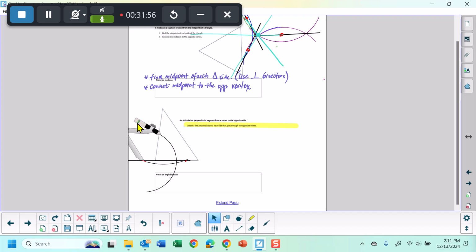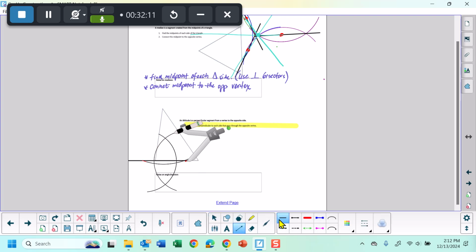A little bit more than half, because I'm perpendicularly bisecting that segment I created. When I connect the opposite vertex through those points, I'm guaranteed to have a perpendicular line.